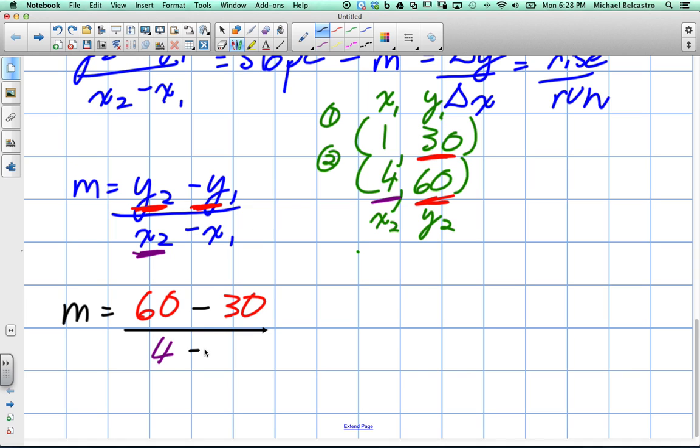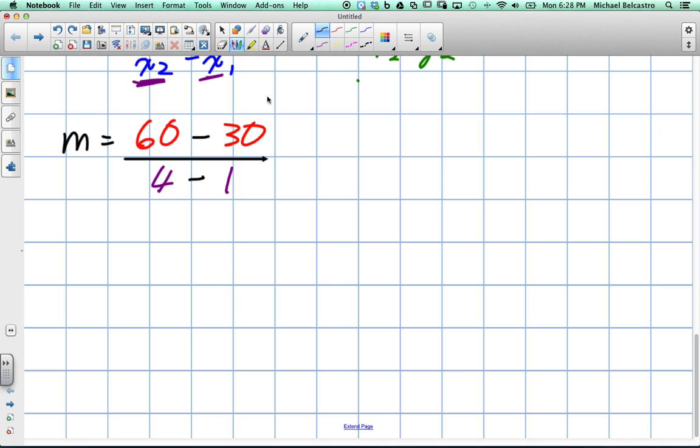Subtract x1, which was 1. Okay, so I've taken those 2 coordinates and I've put them in. Now we just kind of do BEDMAS here. 60 minus 30 will give us 30, and 4 minus 1 will give us 3. So m is equal to the number 10.